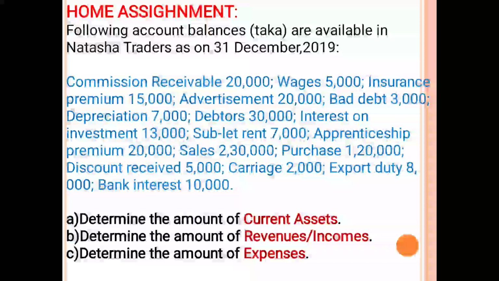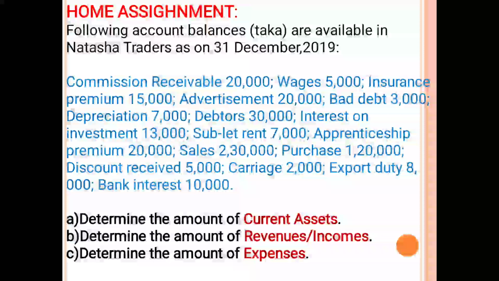Debtors, that is another name of accounts receivable, another name of sales ledger account, another name of book debt. It is treated as a current asset. Interest on investment: investment is all the time an asset, but interest on investment is revenue, that is revenue income.